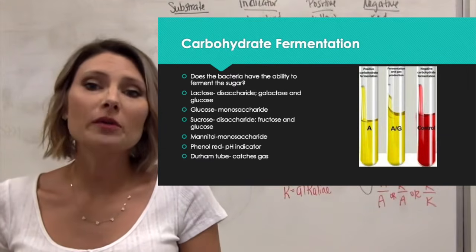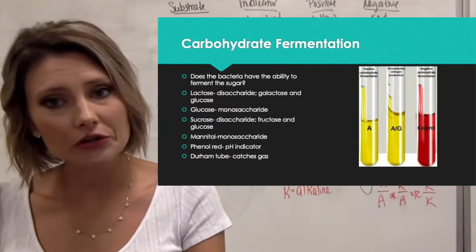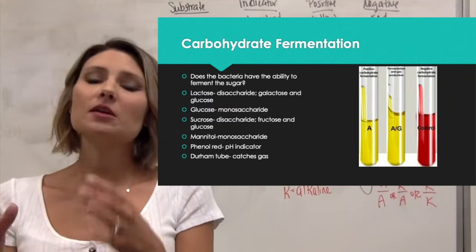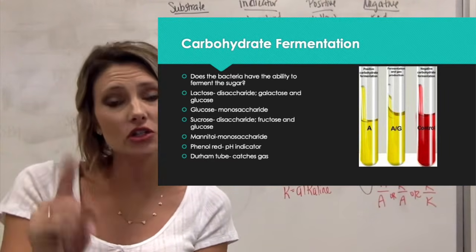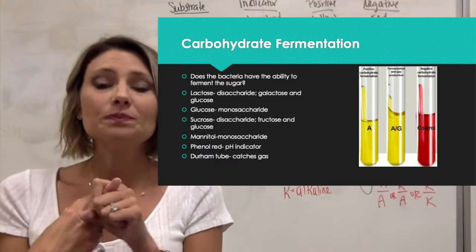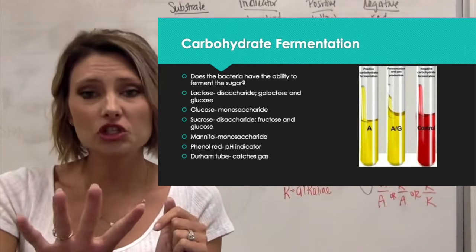So we are going to be looking to see which carbs or sugars the bacteria can ferment. So it's kind of similar to the selective and differential media, but for those we were only looking at one kind of sugar, mannitol or lactose. Okay? So these we're going to be looking at 4 different sugars.